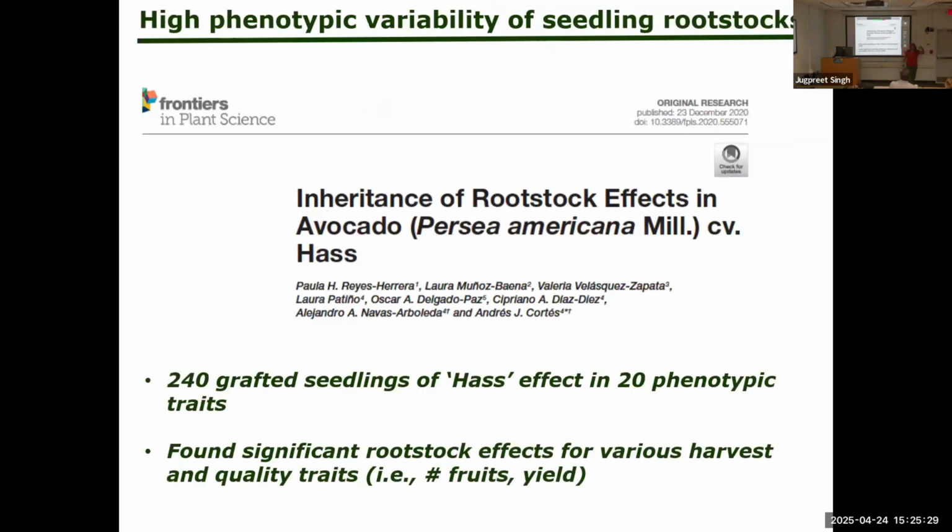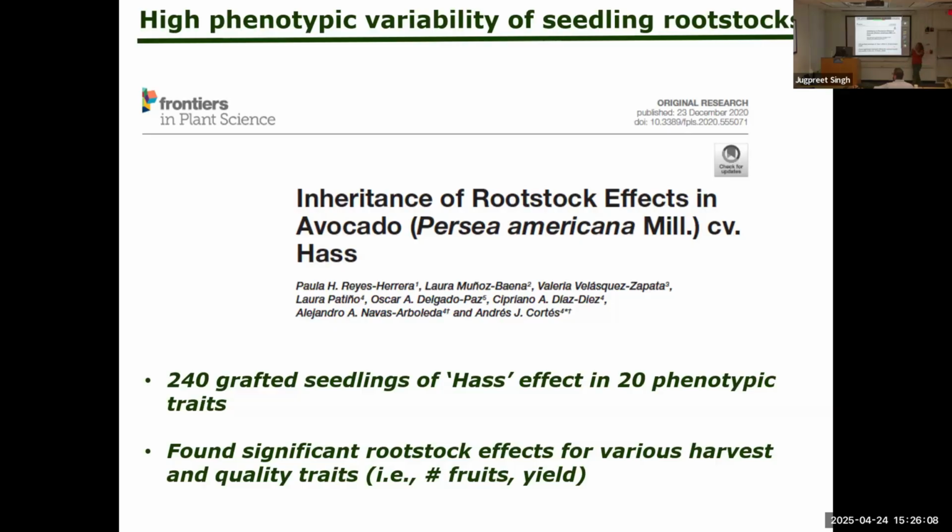The downside, like I mentioned about the seedlings, is the genetic variation. There is a paper, if you want to find out, this is the year and the information. People in Colombia, another thing is always, because people tell you, because you have read it. This actually was one of the first studies that I found very interesting, because they looked at over 240 seedlings of Hass, the effect of the seedlings on 20 phenotypic traits. So they have seedling rootstocks and they looked at the phenotypic traits of Hass.